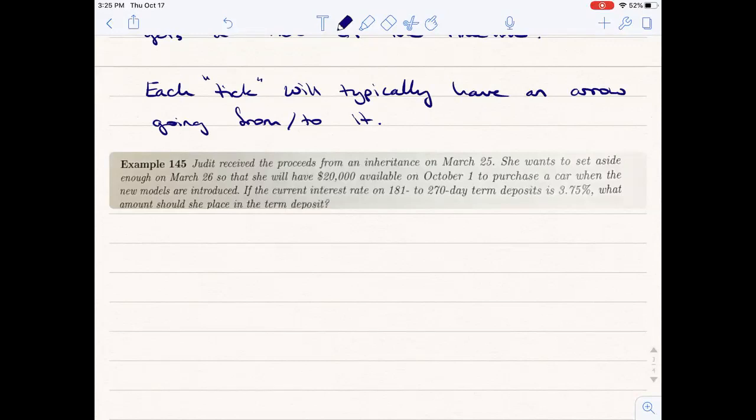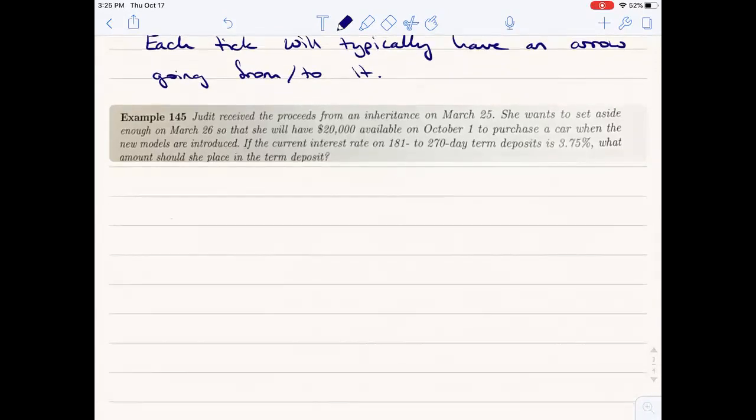I'll start by making our timeline here with 2 dates. On top, I put date 1, March 26th. And on top of the next one, I put October 1st.